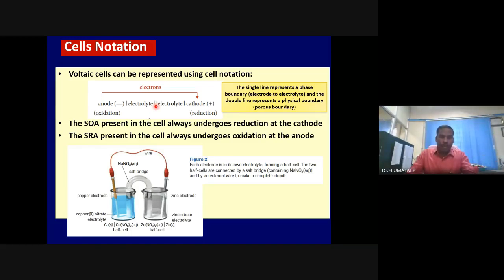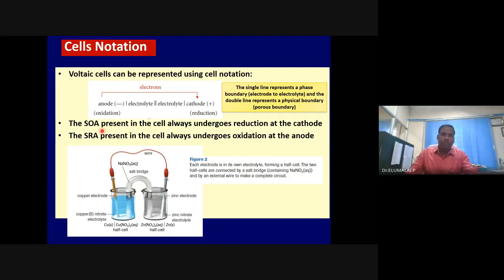So if it is a salt bridge, it is given as dotted parallel lines. This is the cell notation. Then this indication you may give or you need not give. Anyway, we know that electron will pass through from anode to cathode. This you may give or you need not give.